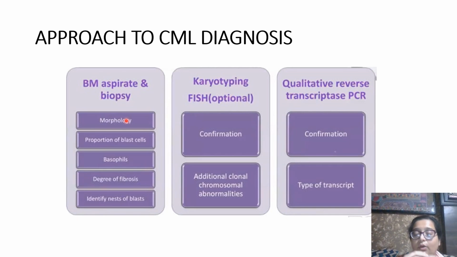I am going to show you why cytogenetics is being stressed by the current European LeukemiaNet, and later WHO will also emphasize this a lot. It is emphasized because there are chances you might miss BCR-ABL if you use a single technique.